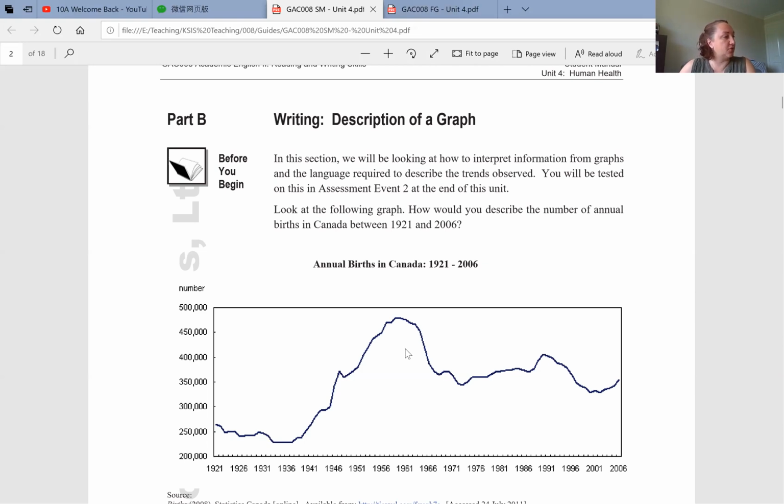And how would you describe the rate of annual births in Canada between 1971 and 1986? So 71 through to 1986, and just this section here. How would you describe that? And finally, in which year did the number of annual births peak?